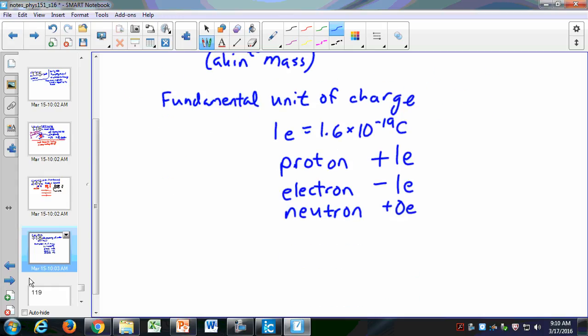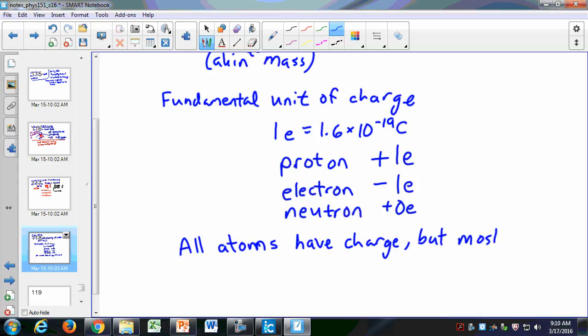All atoms have charge, but most are neutral. Right, this is third grade science.